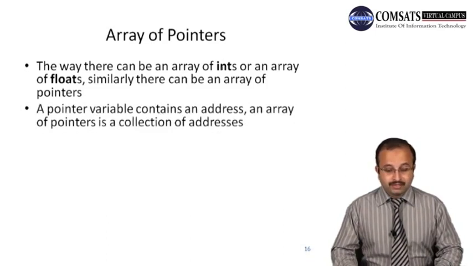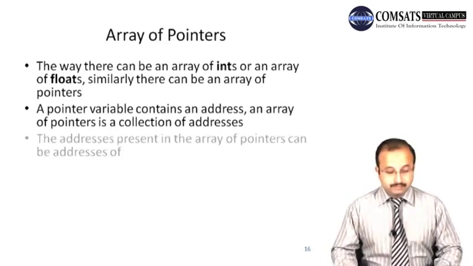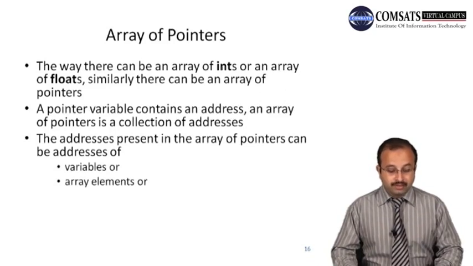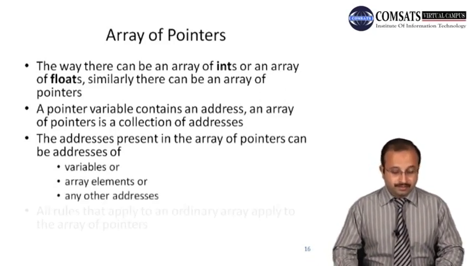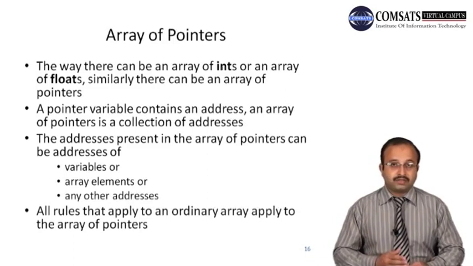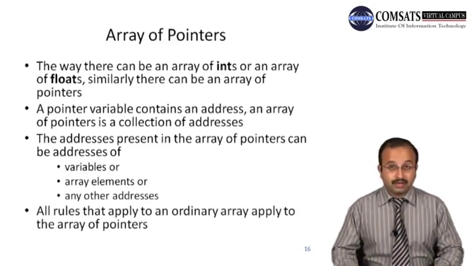A pointer variable contains an address. An array of pointers is a collection of addresses. The addresses present in the array of pointers can be the address of a variable or array elements or any other addresses. And all rules that apply to an ordinary array apply to the array of pointers. That means it starts with the 0th index, it has some size.